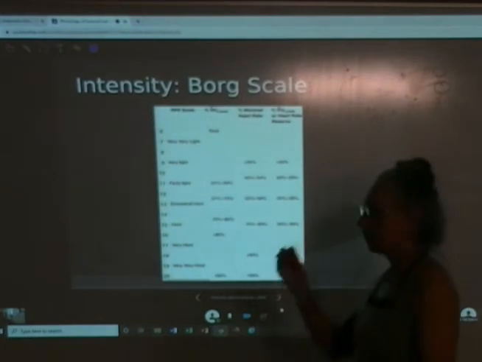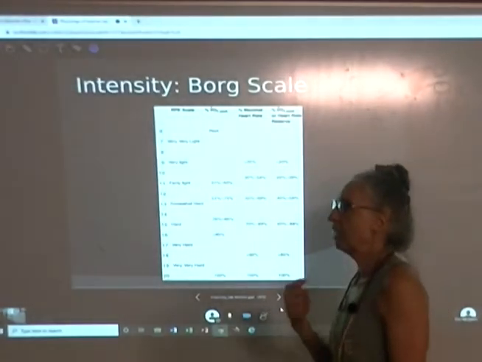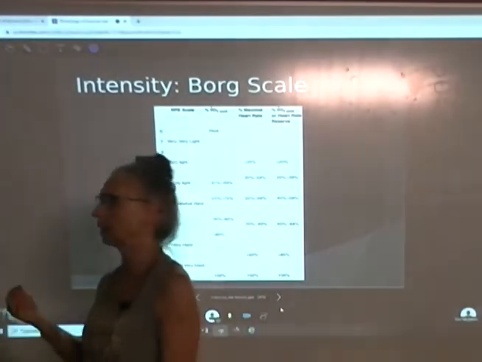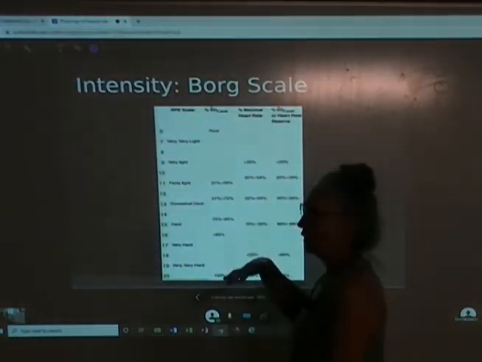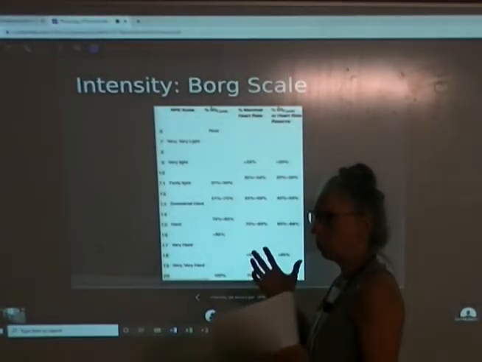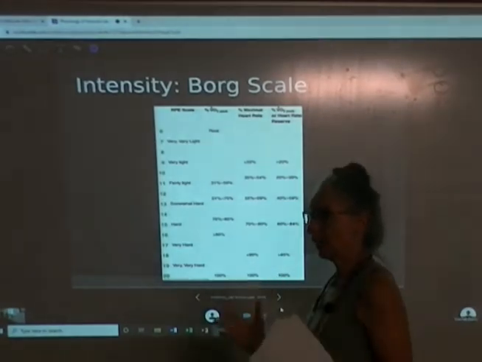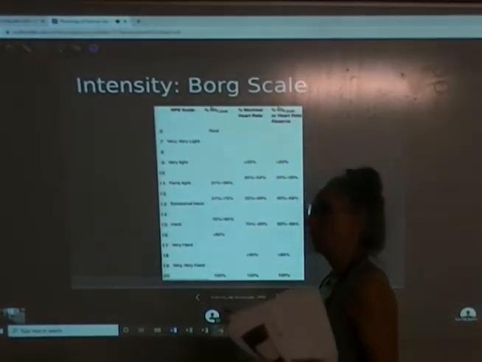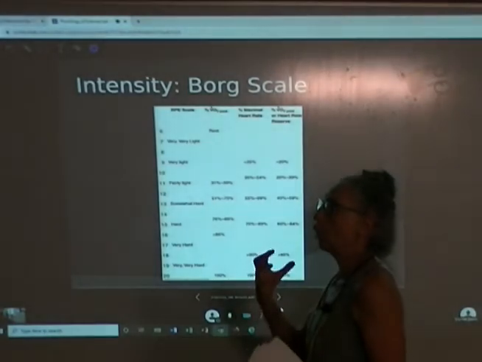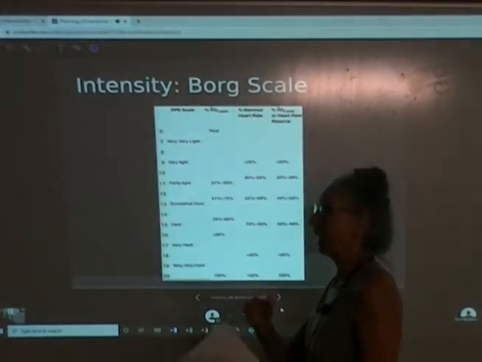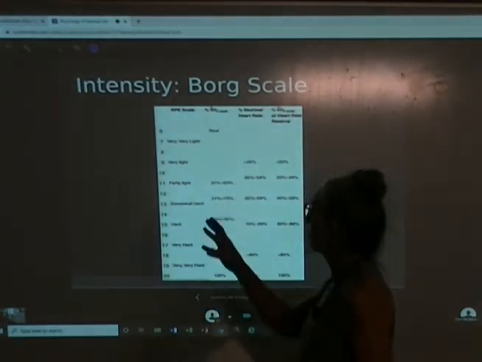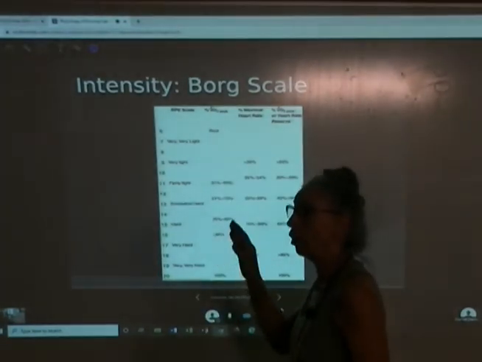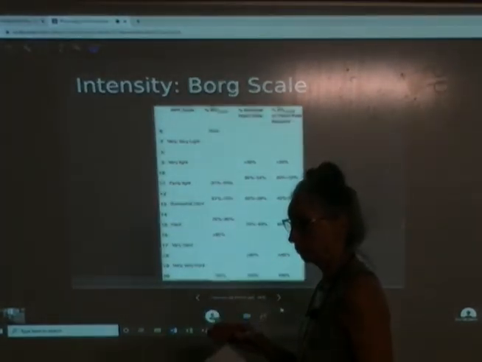What the research says is that if you are an experienced exerciser, a Borg or an RPE scale of some form is pretty accurate, okay? If I'm honest with myself and I have a lot of experience with exercising, I'm pretty good at estimating how hard I'm working.